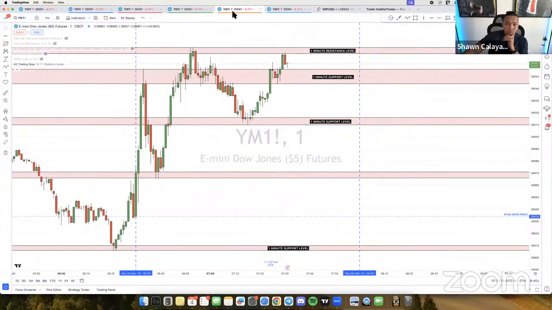But you guys can see how the structure here is marked up. This is why I like drawing support resistance, because it never really misses. As long as you can identify proper support resistance, you can really identify market structure pretty well. I just drew basic support resistance off the higher highs and lower lows using the high-low indicator.